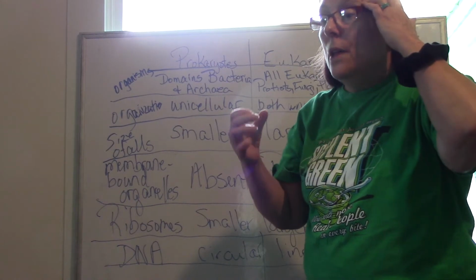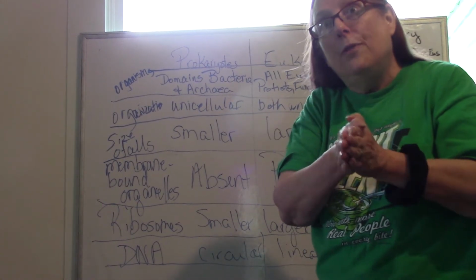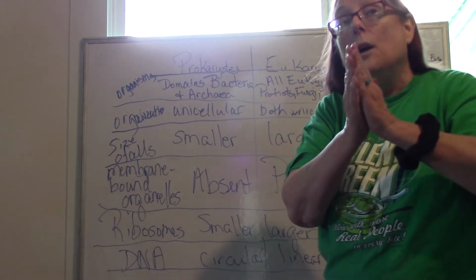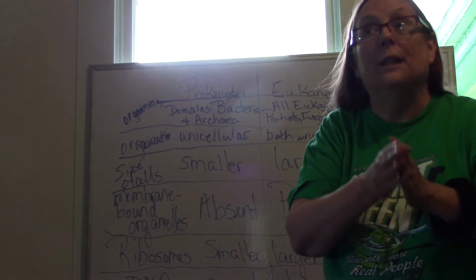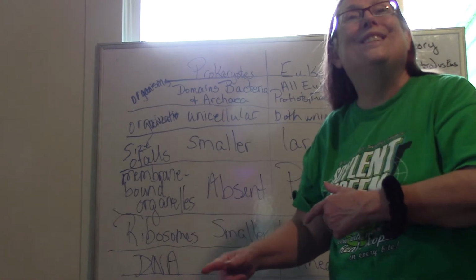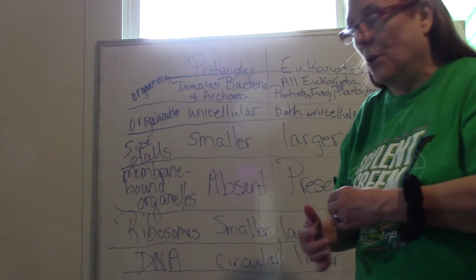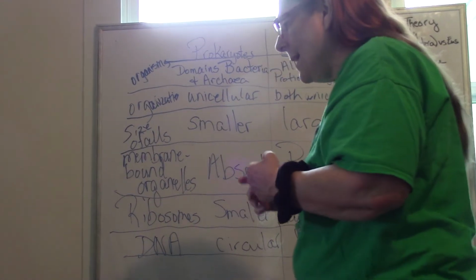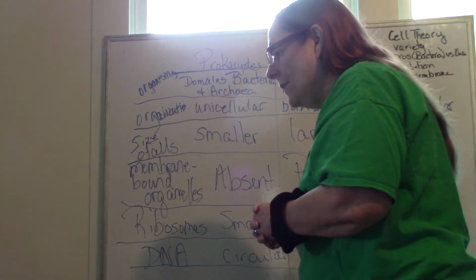So again, two theories with evidence, but not conflicting because they describe the origin of different types of cells.